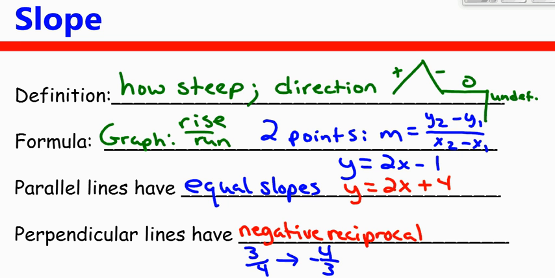So an example of 2 lines that are perpendicular would be y equals, let's make something up, 4/3 x plus 1. The perpendicular line would have a negative reciprocal slope, so -3/4 x. And then it could have the same y-intercept, or it might have a different one. Just as long as the slopes are negative reciprocals, that's all we're really concerned about with that.